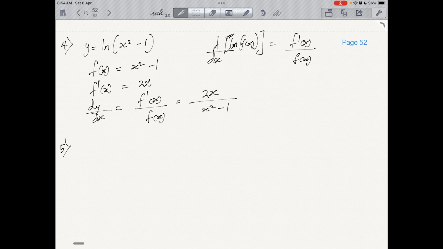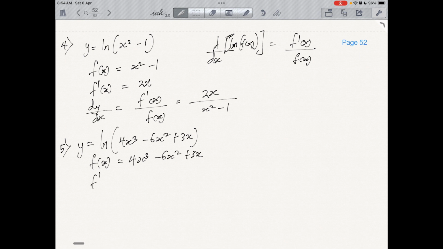Question 5. y is equal to the natural logarithm of 4x raised to power 3 minus 6x squared plus 3x. Now in this scenario, our f(x) is 4x raised to power 3 minus 6x squared plus 3x, and our f'(x) in this case will give us 12x squared minus 12x plus 3.